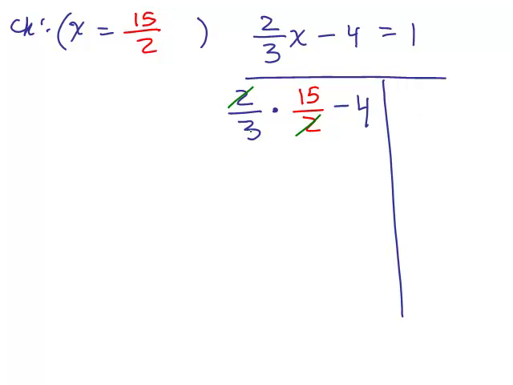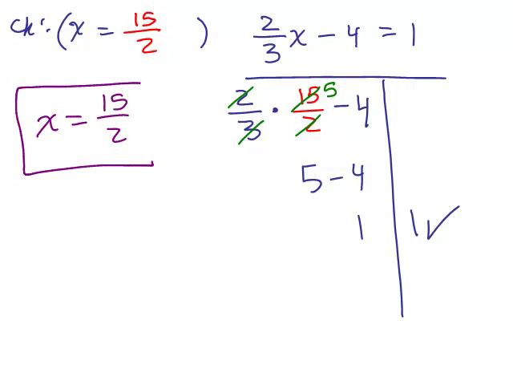The 2's go, 3 into 15 goes 5, so I end up with 5 minus 4. 5 minus 4 is 1. On the right-hand side, I also have 1, so it checks. So therefore, x equals 15 halves is the correct answer. And if we want to write that using more formal notation in the solution set, we would write 15 halves in the braces.